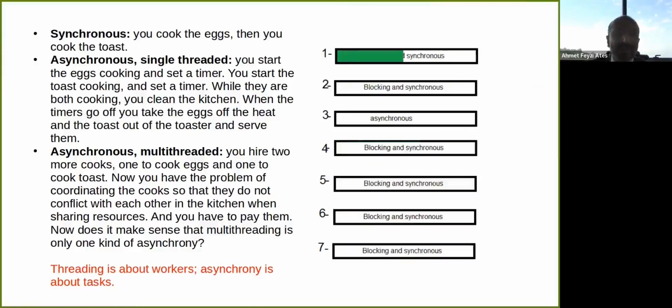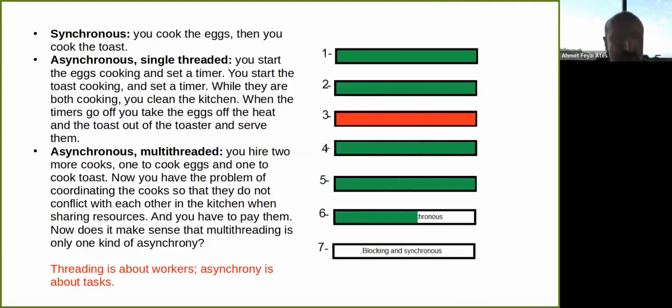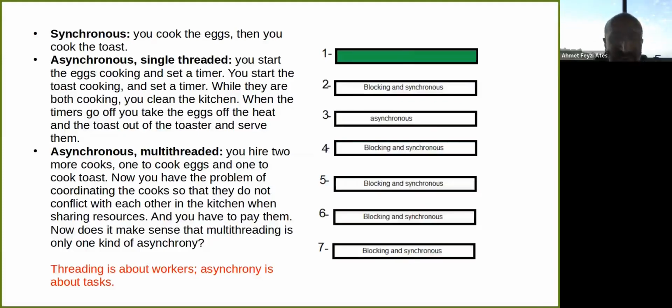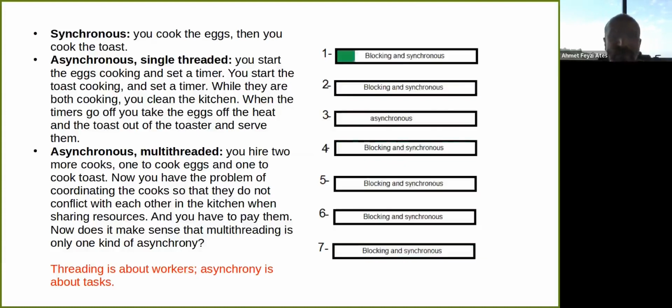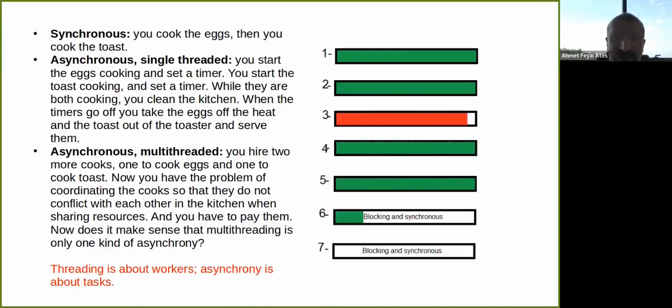In asynchronous multi-threaded, you hire two more cooks, one to cook eggs and one to cook toast. Now you have the problem of coordinating the cooks, like an inter-process communication issue, so that they do not conflict with each other in the kitchen when sharing resources. And you have to pay them. Now, does it make sense that multithreading is only one kind of asynchrony?